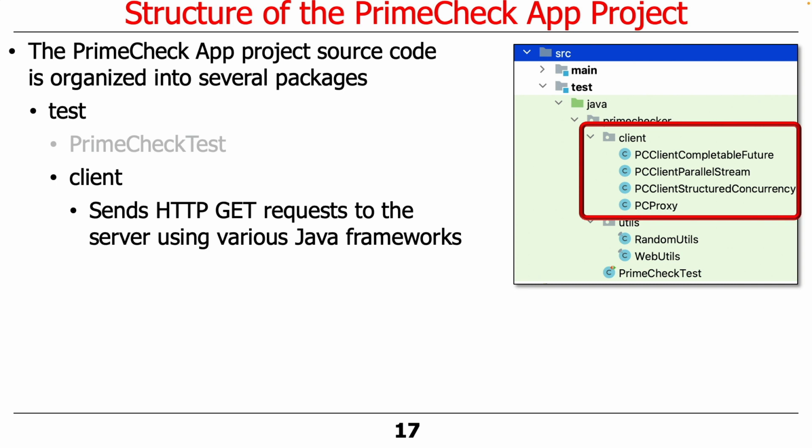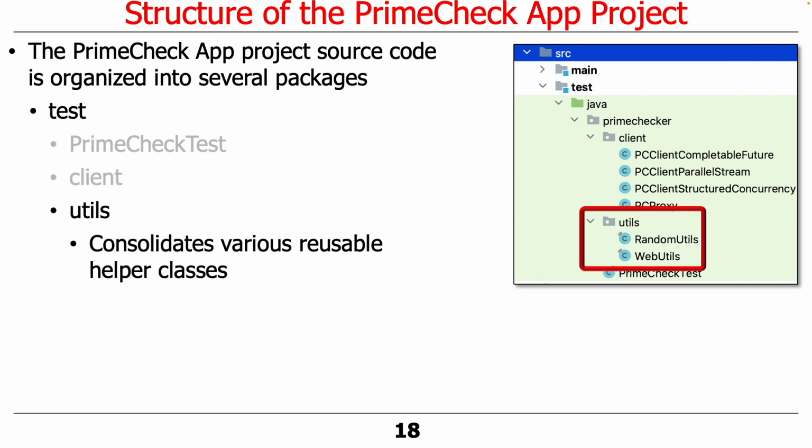You can see we have a client for completable futures, for parallel streams, and structured concurrency. And they all share the same proxy. We'll see how that works in a second. And then we have a utils folder, which contains something called random utils, which generates random numbers, and web utils, which you've seen in the programming assignment that does stuff like make calls that will return lists of things and so on as little helper classes.